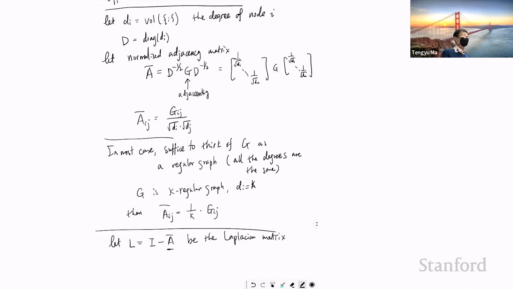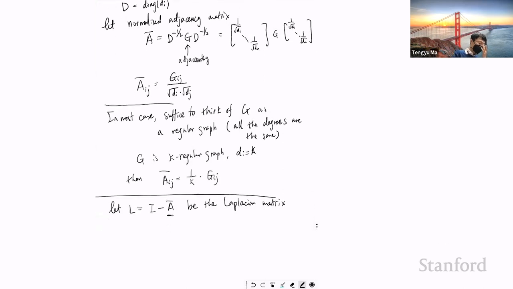Identity is something that doesn't have a scale. And this Laplacian matrix is not that different from the normalized adjacency matrix anyway, because everything corresponds to each other. The eigenvectors of L are the same as the eigenvectors of A bar, and the spectrums are just a flip of each other.